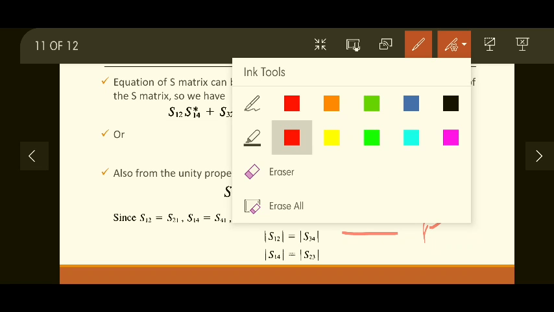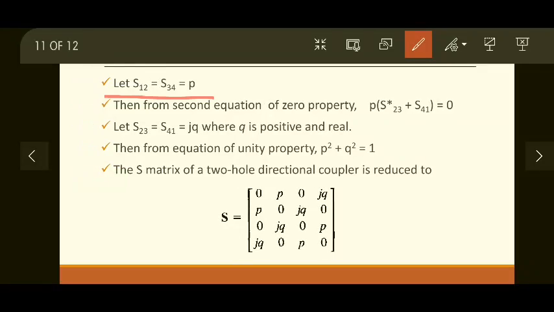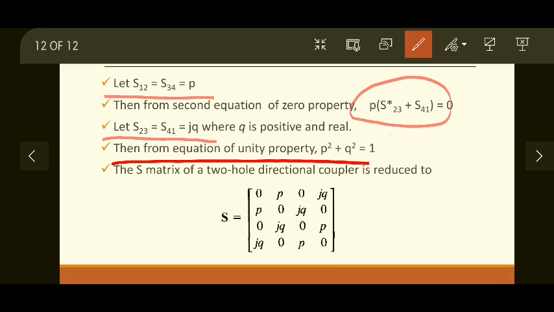Substituting that, we get P into S23 conjugate plus S41 is equal to 0. Similarly, if we assume S23 is equal to S41 is equal to jQ, then we will get the same type of equation. And from the equation of the unity property we can obtain P squared plus Q squared equal to 1. So our assumption will remain valid.